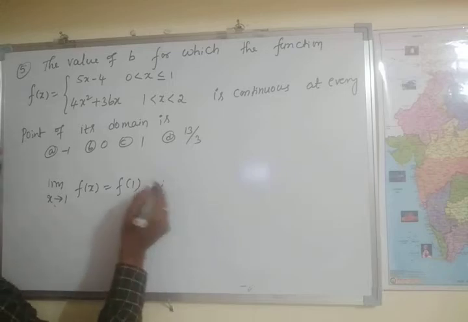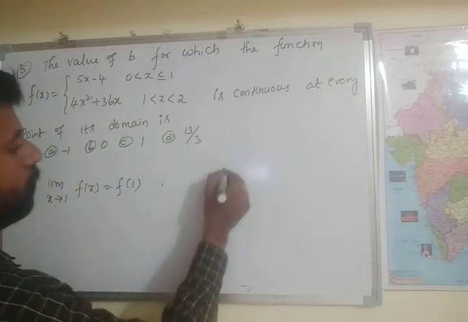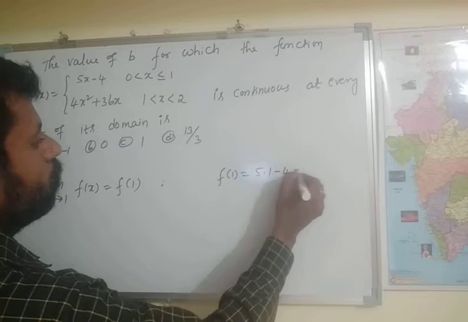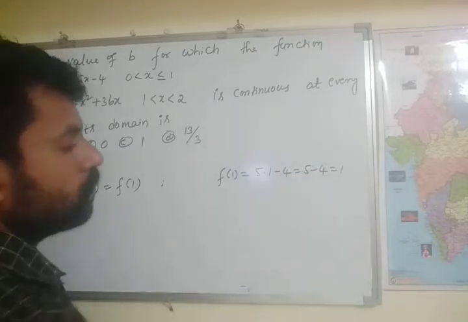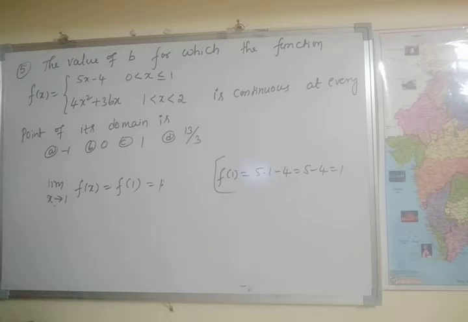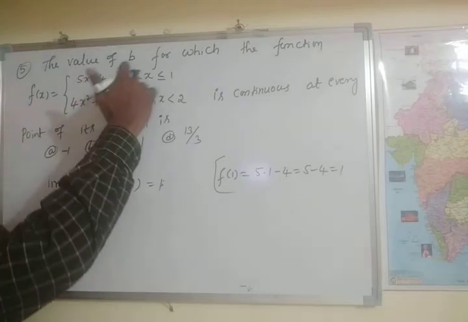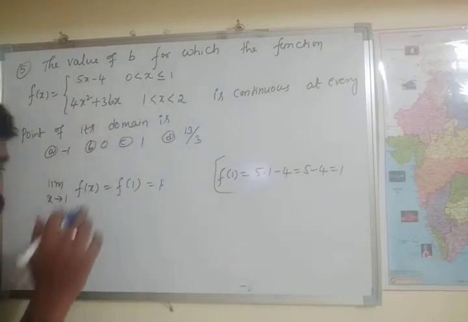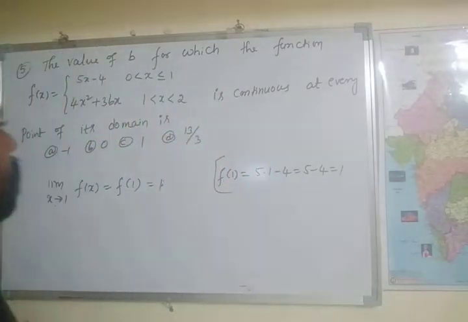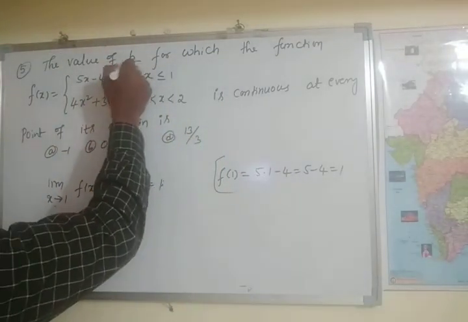Here x is 1, what happens? f(1) is equal to 5 into 1 minus 4. 5 minus 4 is equal to 1. So this value is equal to 1. Now here we have less than and greater than conditions. Here we have to use the left hand limit and right hand limit functions. Then we have to find the value of b.